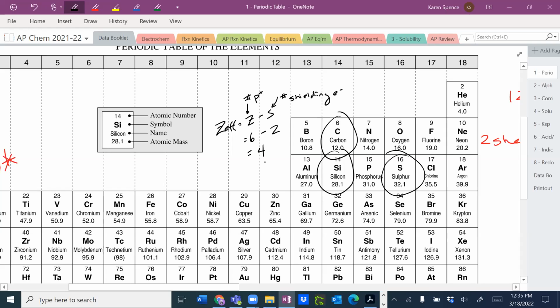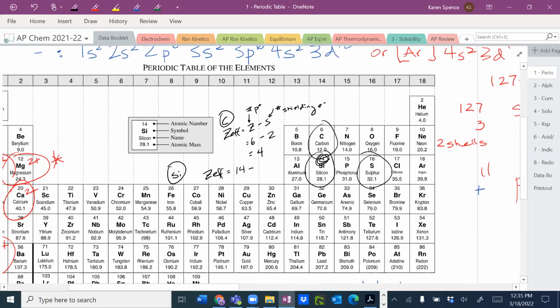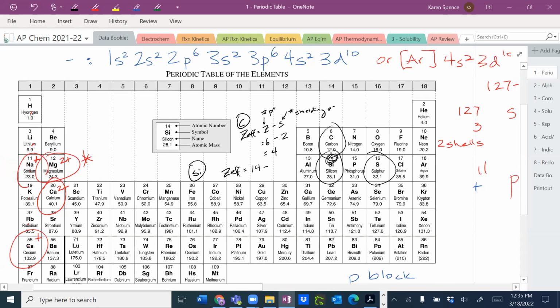Now, guess what? For silicon, that was for carbon. For silicon, the effective nuclear charge is Z, which is 14, minus the shielding electrons. So that's going to be everything in shell number 1 and shell number 2.